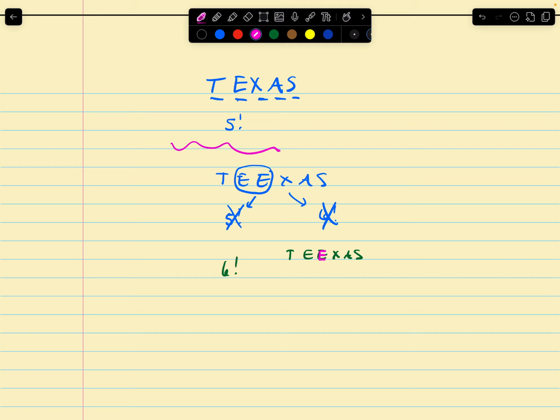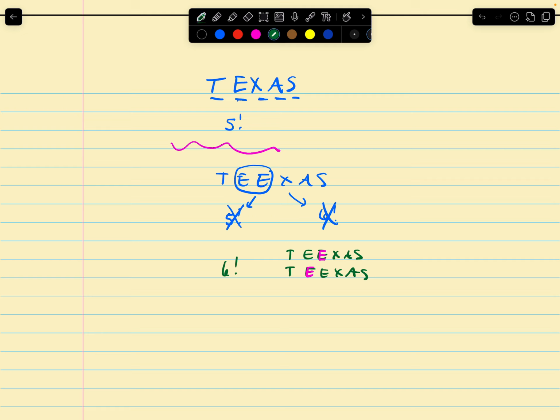So 6 factorial would count this as well as this as a separate word, as if it were treating those E's as distinct. And so although we've color-coded them, these are in fact the same word. So we overcounted this one.